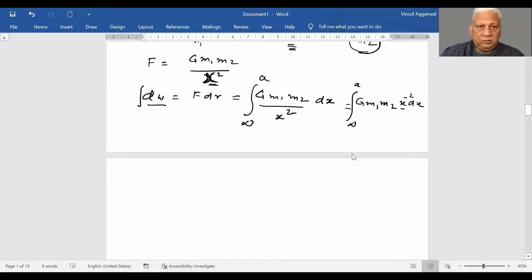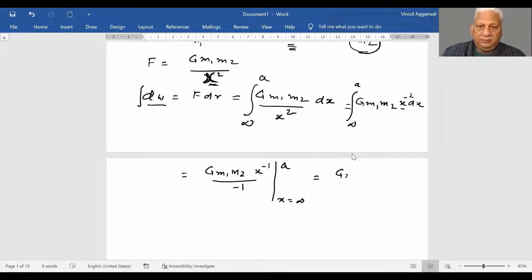So this becomes G M1 M2, x to the power minus 1 divided by minus 1, with x going from infinity to A.